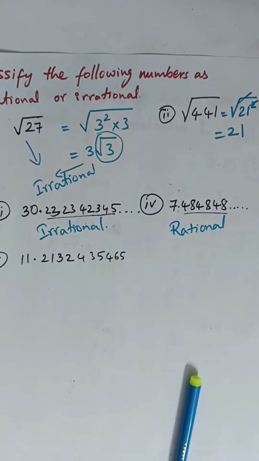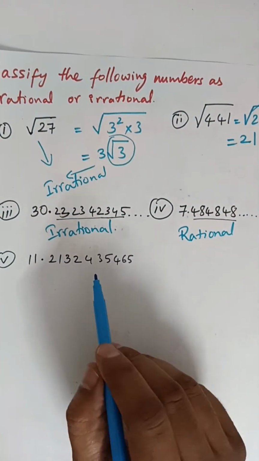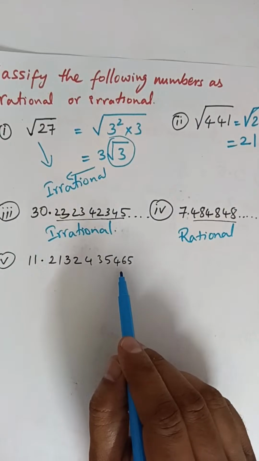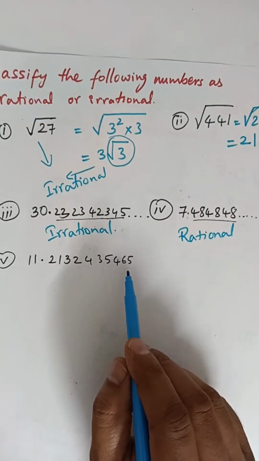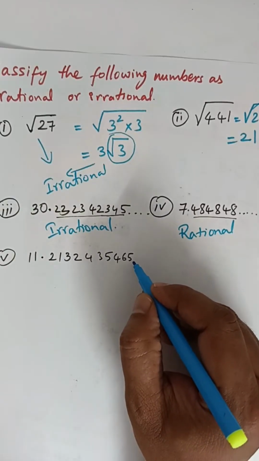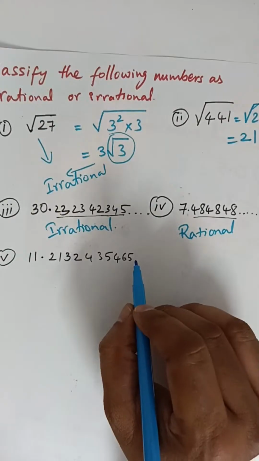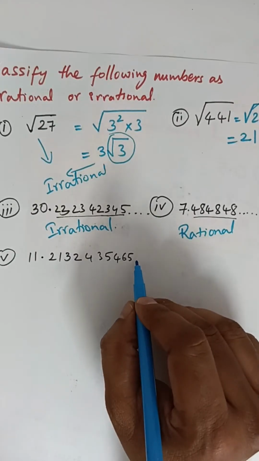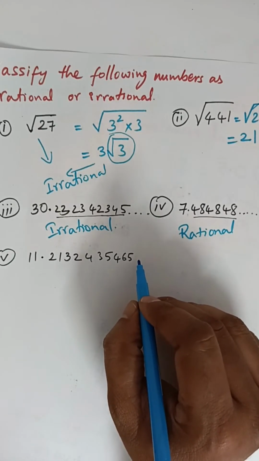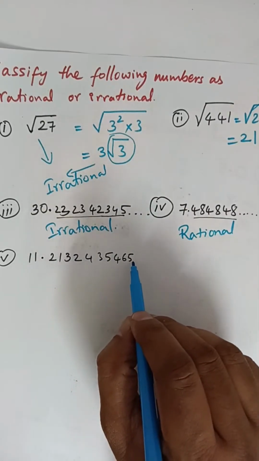Okay. What I said, it's repeating or not repeating. It's non-repeating, but it's non-terminating. It's non-terminating or terminating. It's terminating. It's terminated. It stops here. It's not infinite. It's finite decimal. It's not repeating, but it's finite.